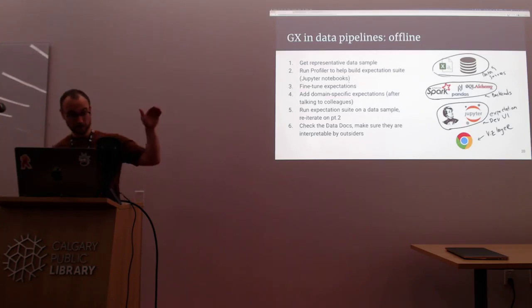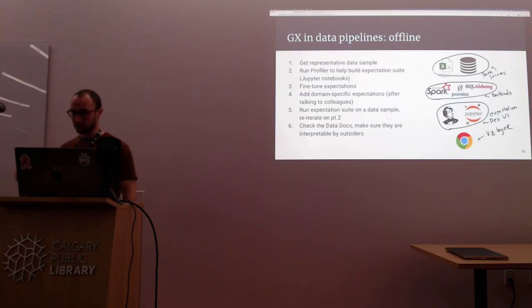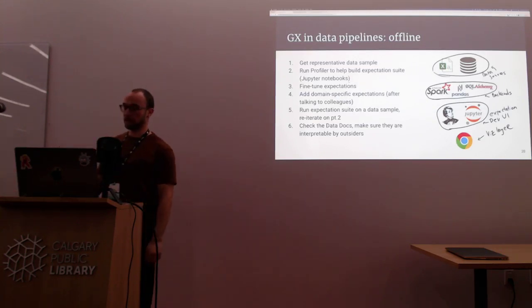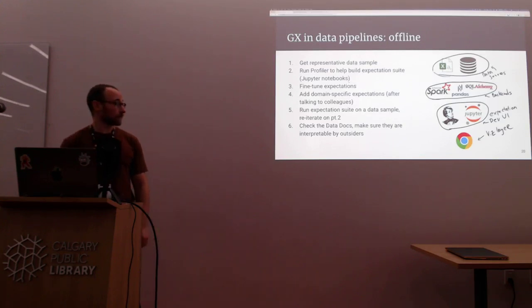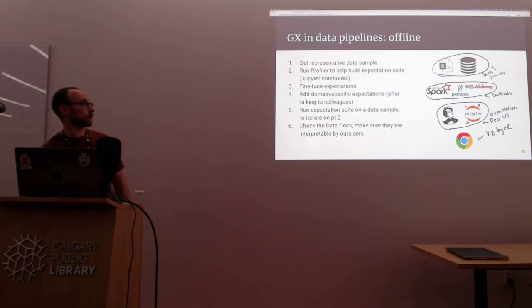You can then run those expectations on data and see if the test passes or fails. If it fails, how did it fail? Once you're done with fine-tuning, you can generate those data docs that I just walked you through. And on the right, you can see how this whole process flows from the file all the way to the browser where you see the docs.